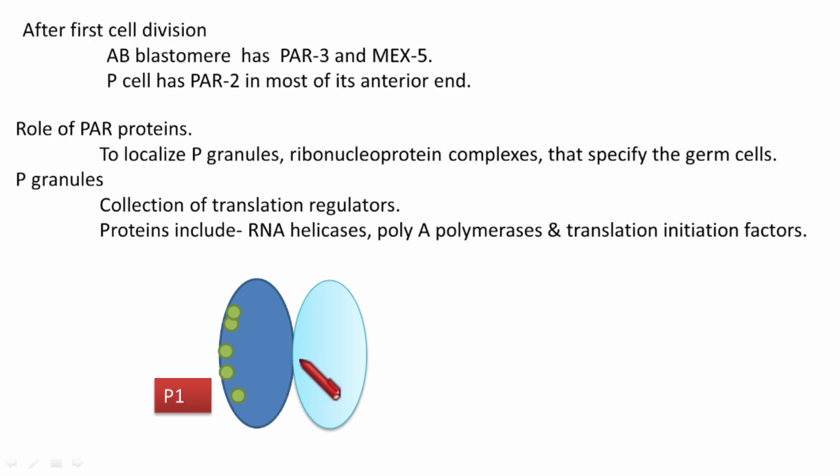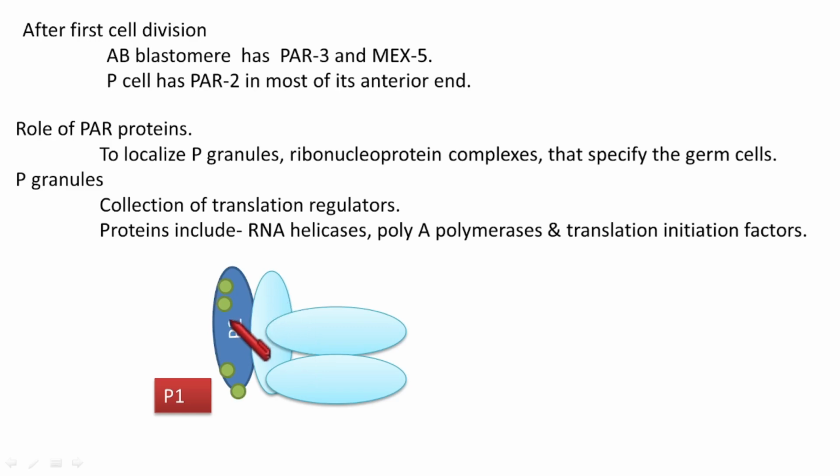And again these two cells undergo division, and from this first stem cell, one more founder cell and one more stem cell will form. Its name will be P2. There also the P granules are localized to the posterior-most region.